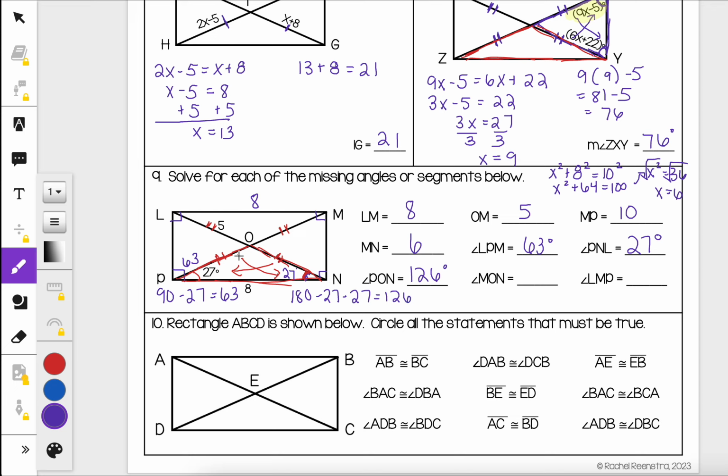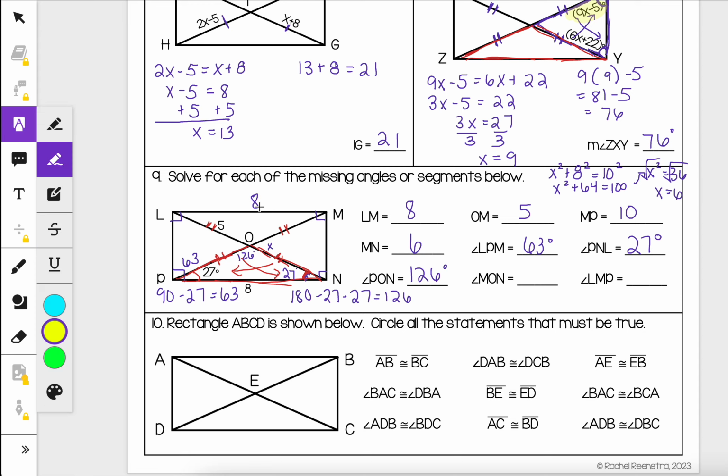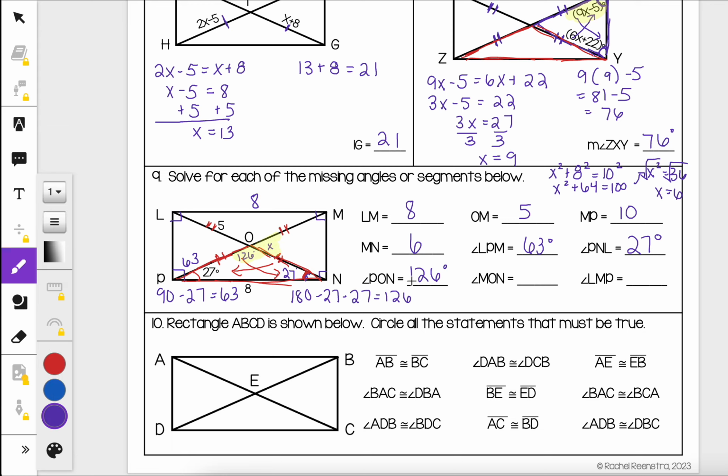So I'm going to put that right there, 126. The next angle I'm looking for is MON. All right, so if I'm looking for this angle here, I see that I have a linear pair, right? These angles form a straight line. So I can take 180 degrees minus 126, and I'm going to get 54 degrees.